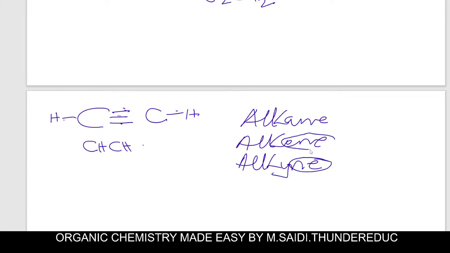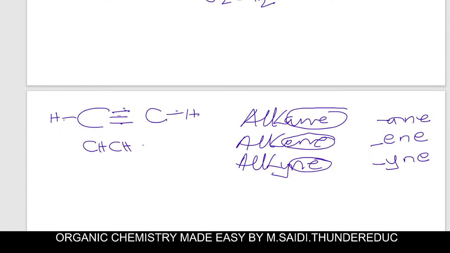So whenever I write my name for this homologous series, it must end with A-N-E for alkane, E-N-E for alkene, Y-N-E for alkyne. That's how we identify them. It must end with that. If it doesn't end with that, then it means that I won't be able to see what exactly it is.